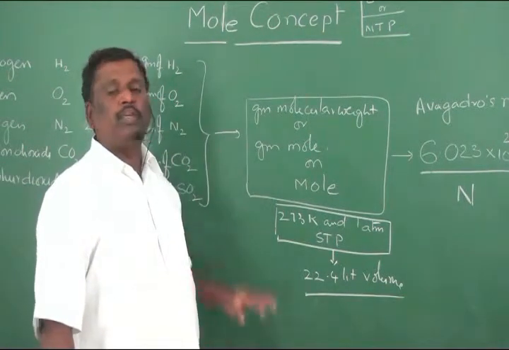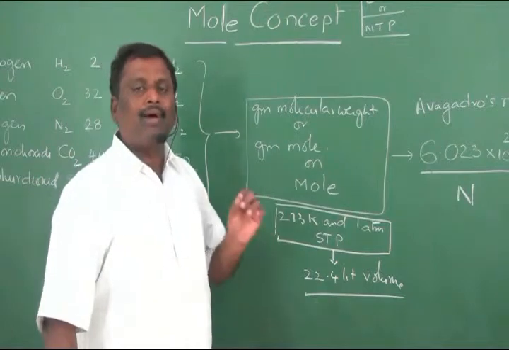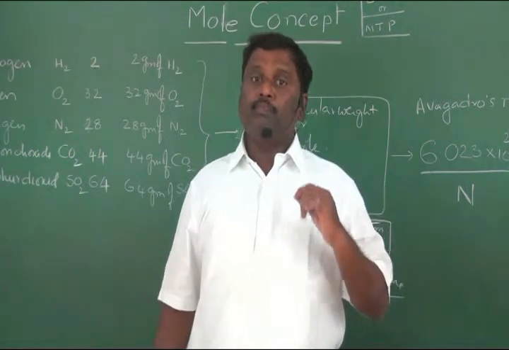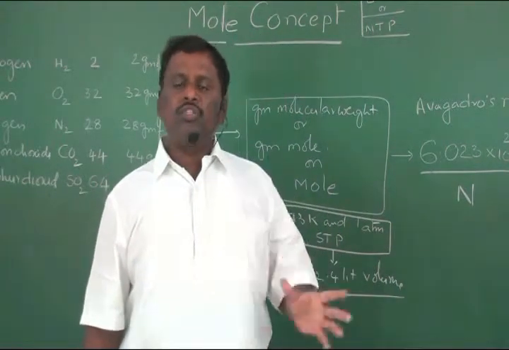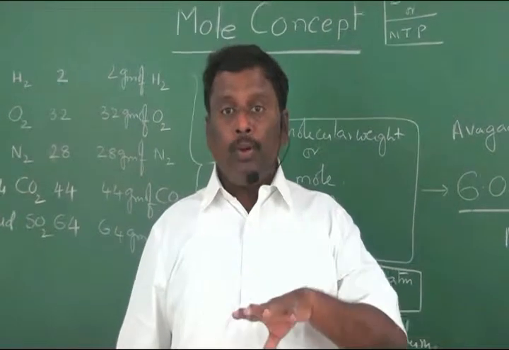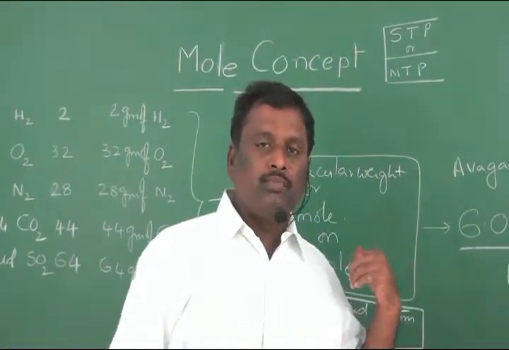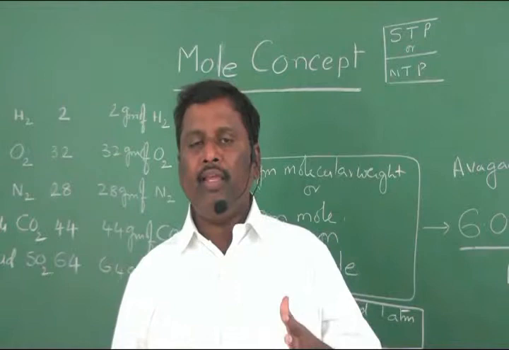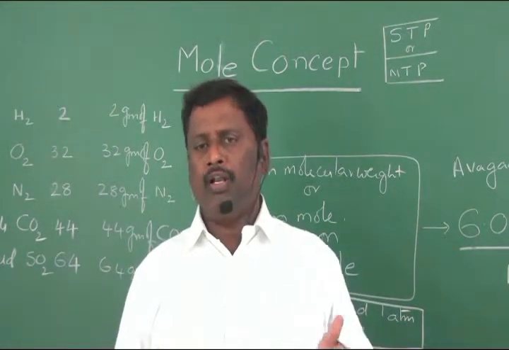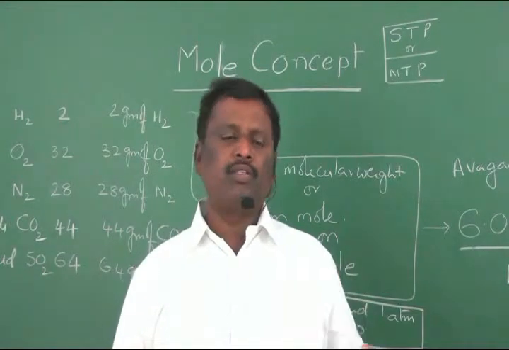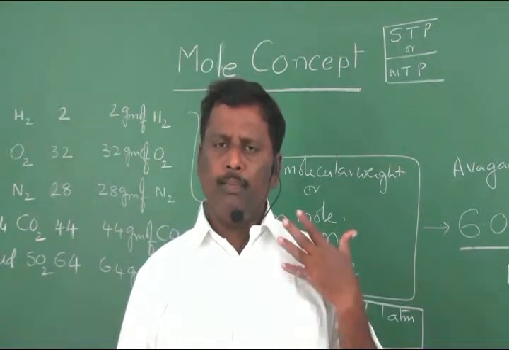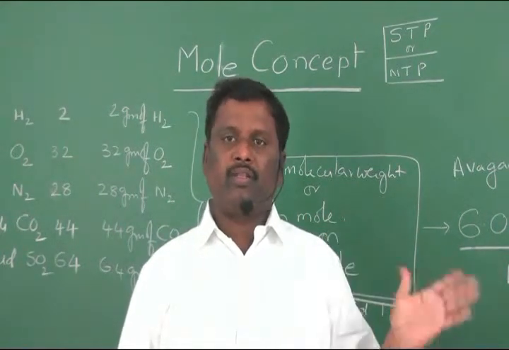So this is said to be mole concept. This concept seems to be very simple, but most of the students will confuse while doing the problems related to this mole concept. If you carefully follow me, it is a very easy topic and the most important topic in learning of chemistry, namely in stoichiometry. This will be the most important topic in chemistry.